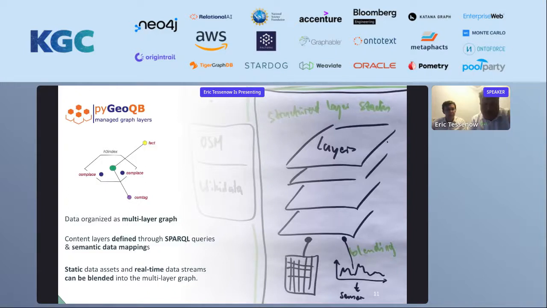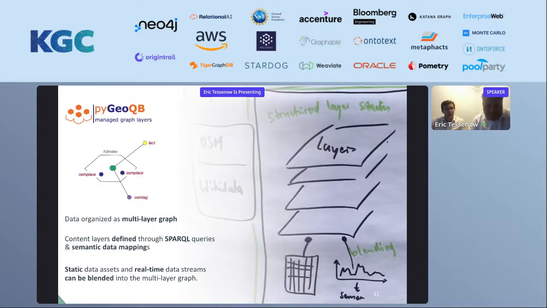The idea is we take data from arbitrary systems. If they offer a SPARQL endpoint, we use SPARQL queries to define the content of a layer. We do the semantic data mapping on the fly while the data is collected and integrated into the graph structure. And this way we can use static data assets, and we can also combine real-time data streams which are blended into this multi-layer graph structure.